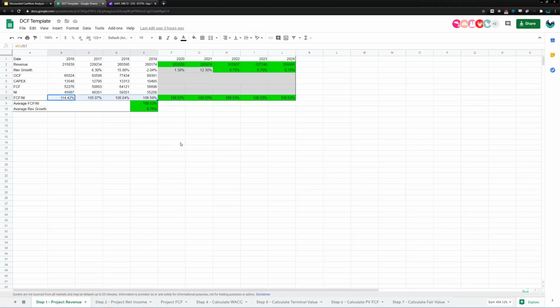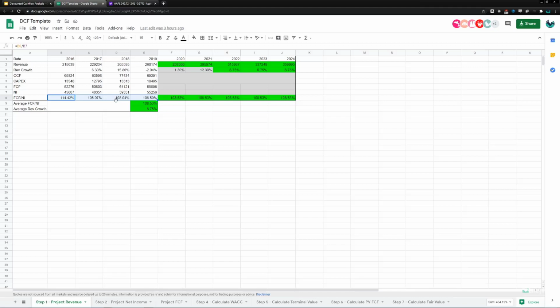So what I'm trying to do is figure out what percentage of free cash flow ends up as net income. And ideally, in order for a free cash flow discounted cash flow valuation to work well, at least using this method (there are other methods to project net income), you generally want to see this free cash flow to net income ratio be around 100%, because that means their free cash flow generally is representative of their net income.